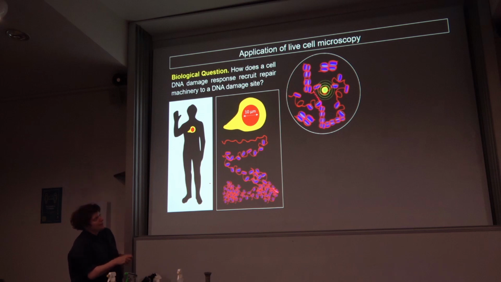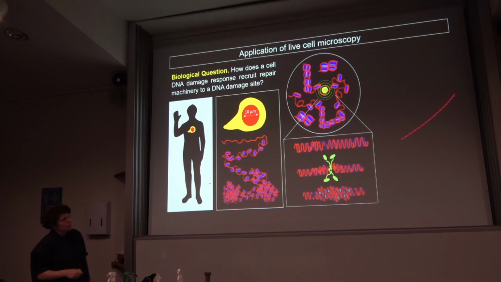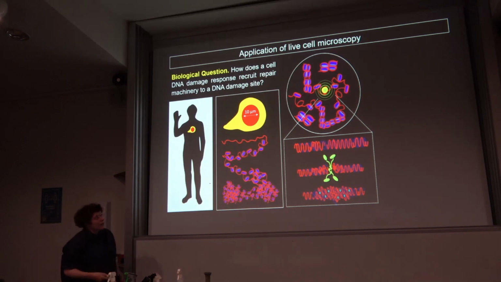So here's a schematic of, for example, where maybe a double-strand break has occurred in your cell, and the cell has recruited all these repair proteins to that site. And what people don't understand is how can all those repair proteins navigate this massive, like what looks like a mess of DNA, and know exactly where that DNA damage site is and fix it immediately.